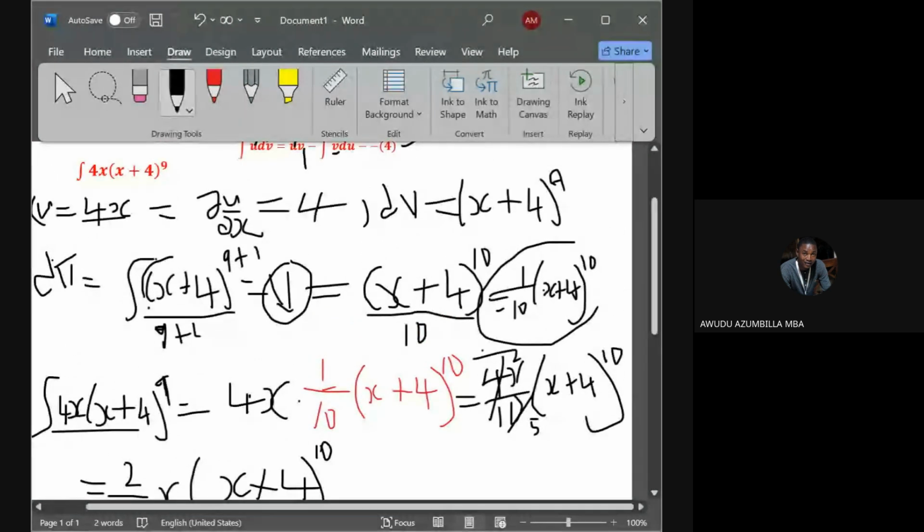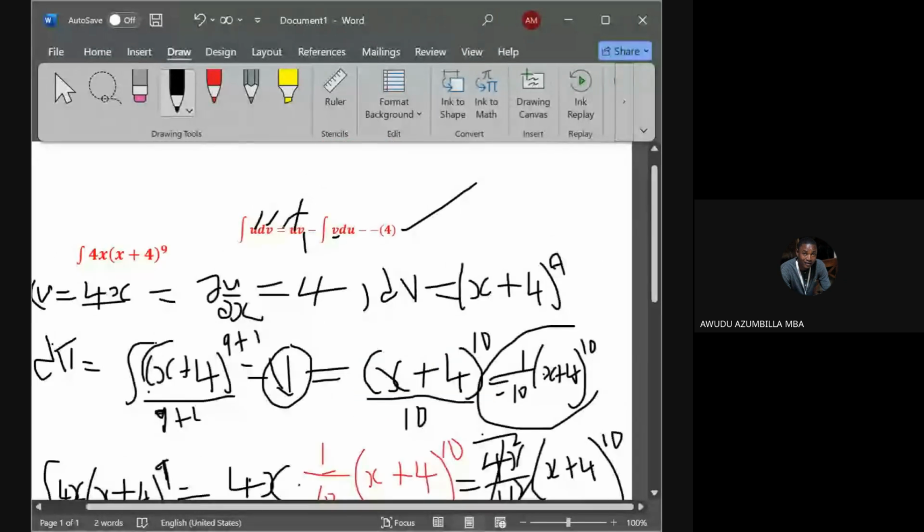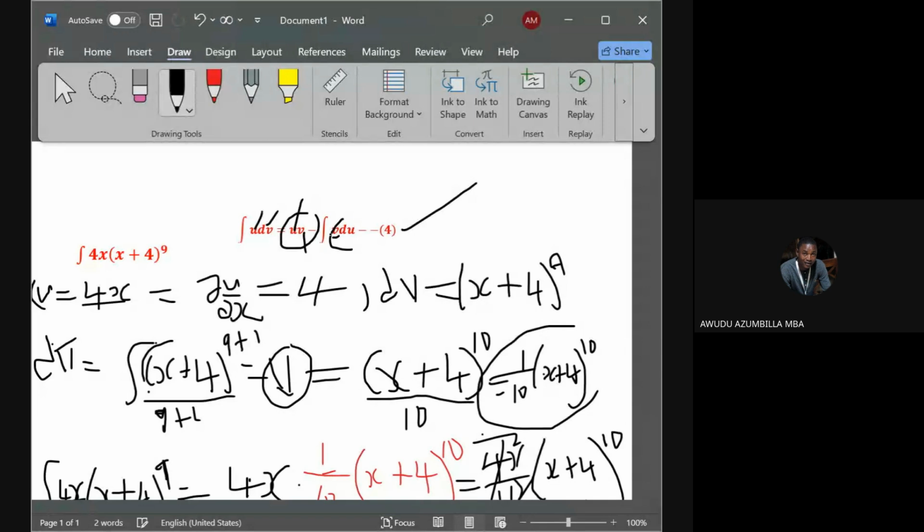This is the uv here. And you know that if you look at the other side, it's the same thing, uv. So if we have the value of uv, to get the other part we just have to take the integral of v du.